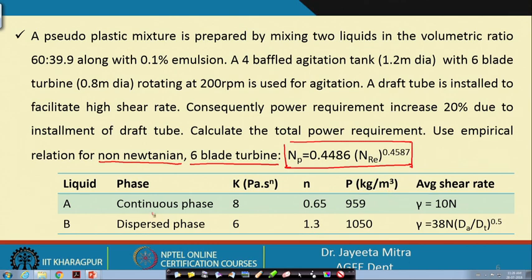Density is 959 kg per meter cube for the continuous phase and 1050 kg per meter cube for the dispersed phase. Also the average shear rate, gamma dot, is equal to 10 into n, where n is the revolution, actually calculated in revolutions per second; here it is given in rpm, so we will change it. And for the dispersed phase the average shear rate is 38 n (dA by dT) to the power 0.5.